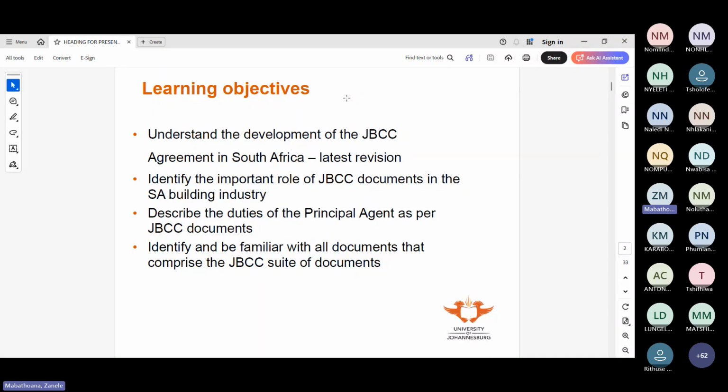The learning objectives. You have most probably done JBCC before, probably in the 3rd year, because I think in our introduction for students to contracts law, we did the JBCC, and then the engineering contracts followed in the 4th year. However, because this course accepts people from different backgrounds, the first 2 parts of the lecture are just to put everyone on the same footing.